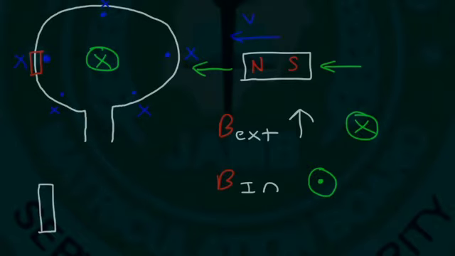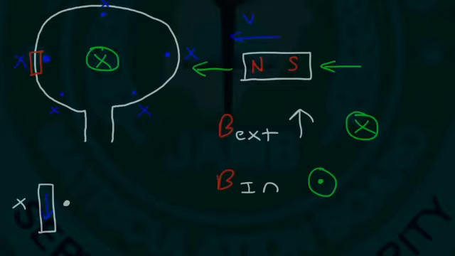Now, what is the direction of the current if we have a wire where the induced magnetic field is going into the page on the right side? Out of the page on the right side, but into the page on the left side. So hopefully you remember those two pictures that we went over. The induced current has to be going in this direction.